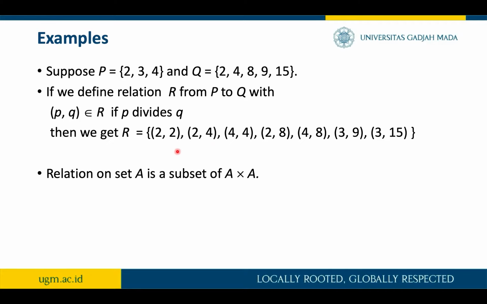Those are the members of relation R. As we can see here, the members of R here is a subset of P cross Q. And as I already mentioned previously, relation on set A is a subset of A cross A.